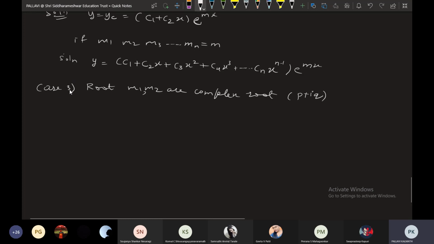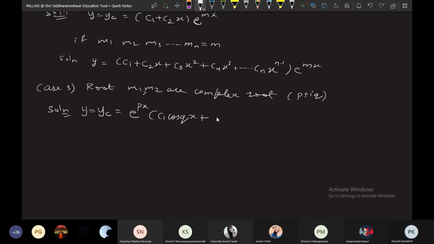Then if you have complex roots, the solution y, or complementary function yc, will be given as e raised to px into (c1 cos qx plus c2 sin qx).